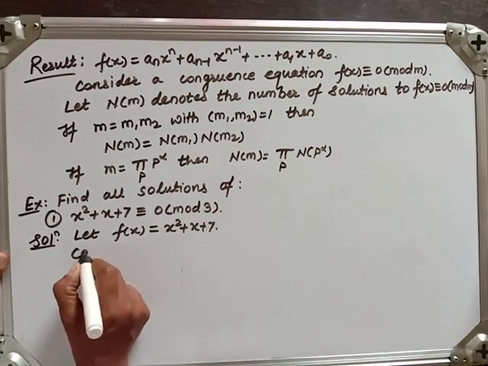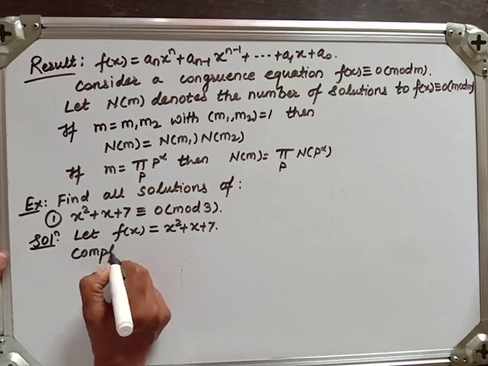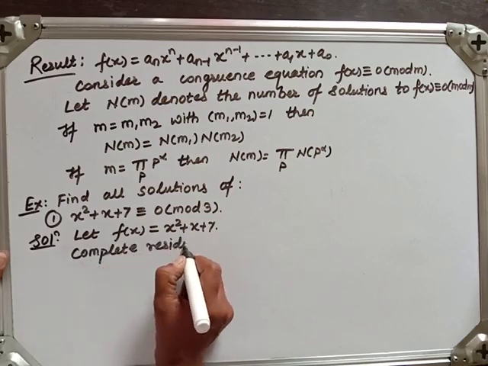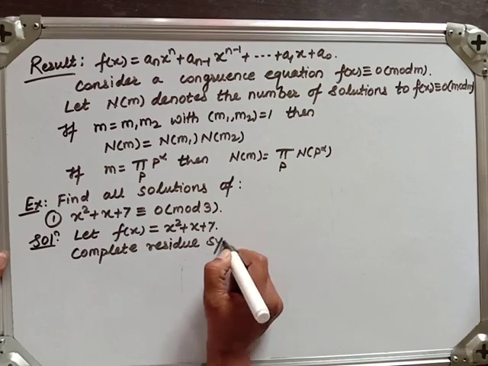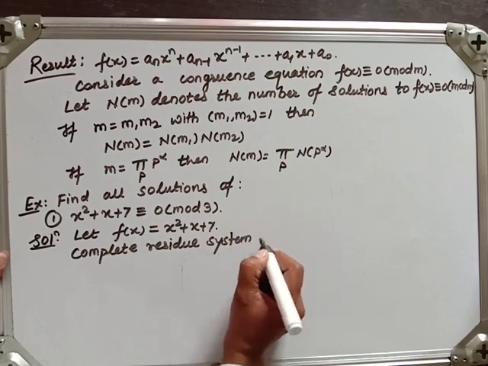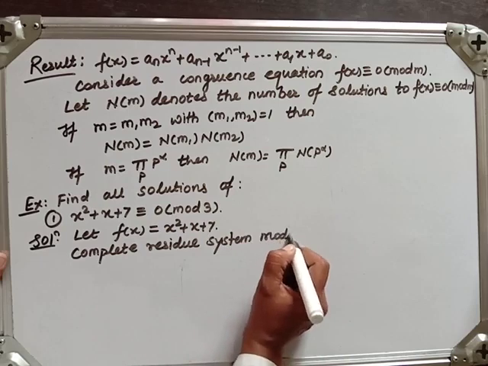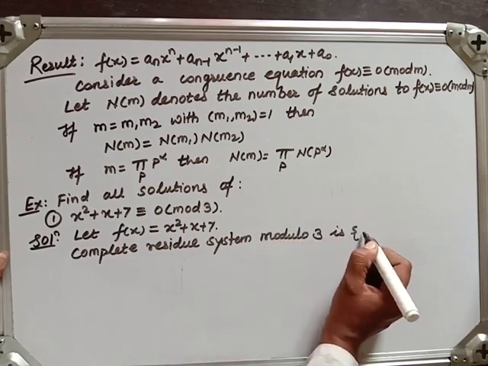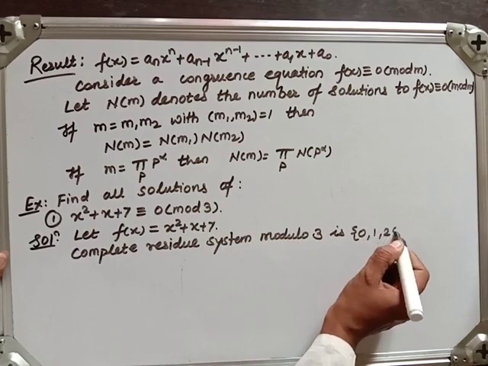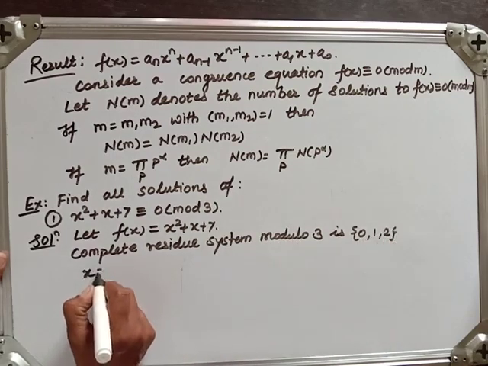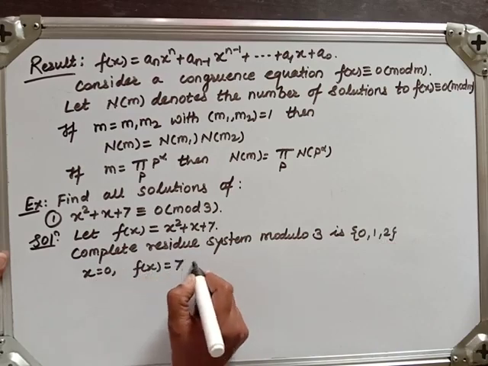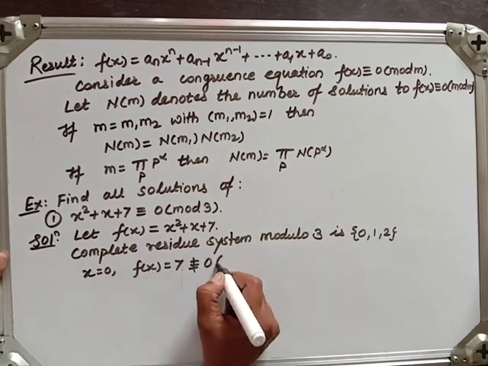Now the complete residue system modulo 3 is what? 0, 1 and 2. When x is 0, f of x is what? 7. It isn't congruent to 0 modulo 3.